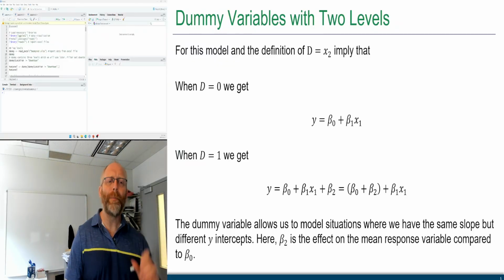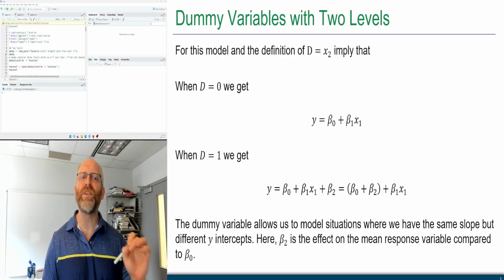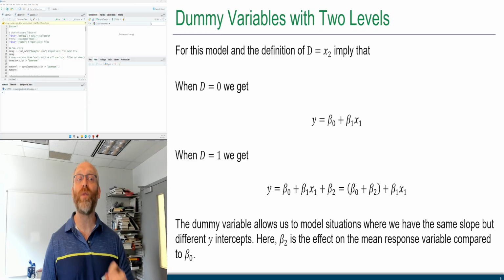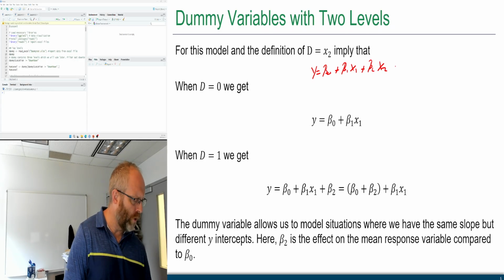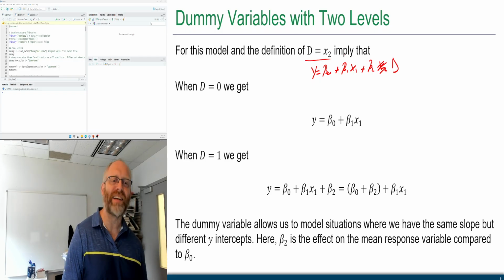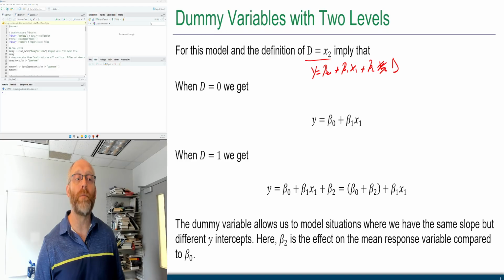So what happens, not when I'm focusing on my x1, but specifically focusing on my x2. Again, x2 can only take 0 or 1. So if my original model, y is equal to beta naught plus beta 1 x1 plus beta 2 d, because I'm saying d is equal to x2, if I plug in the values for d, which are just 0 and 1, what does our model look like?